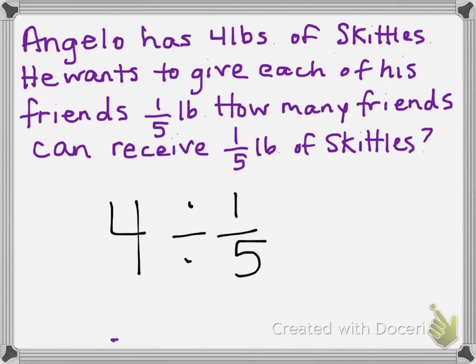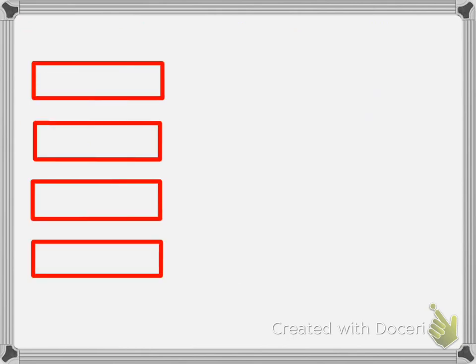We're going to do this using a model. So I've drawn our 4 pounds. Now we're going to divide each one into 1/5 parts. We're going to pretend like these are even fifths. So I need to draw 4 lines in order for each piece to be worth 1/5.